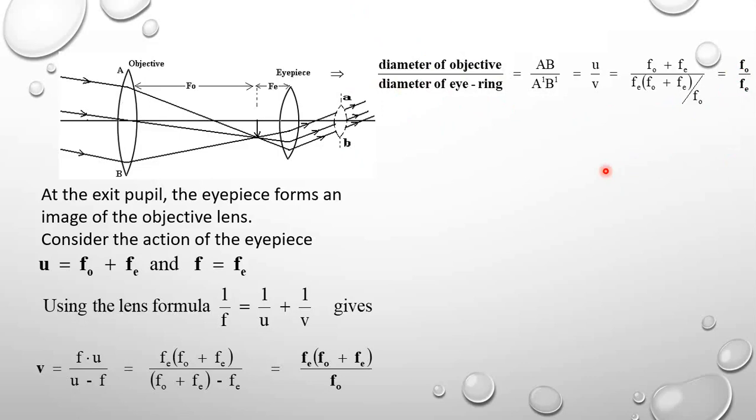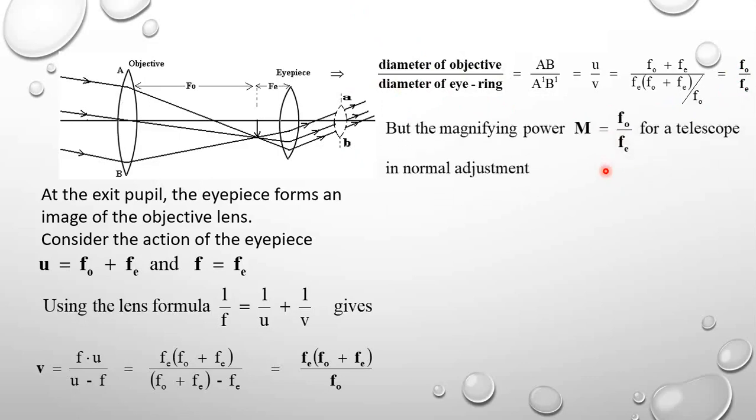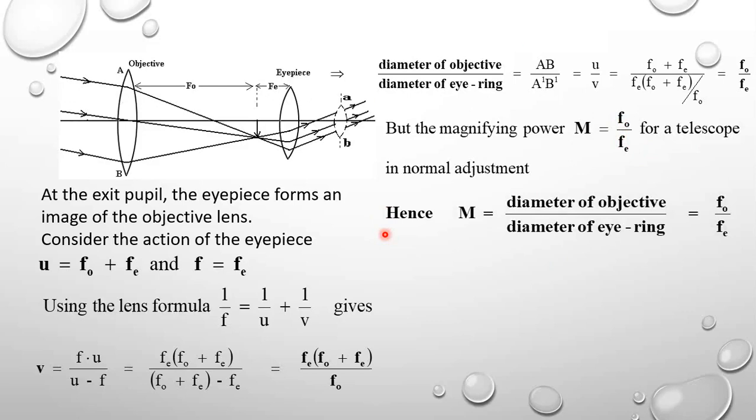So that is very important. We know that the magnifying power is given by f0 over fe for the telescope in normal adjustment. So what does that conclude to? It concludes that the angular magnification, or the magnifying power, is equal to the diameter of the objective over the diameter of the eye ring.